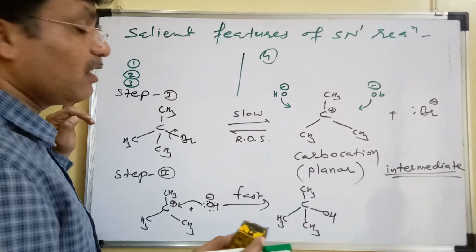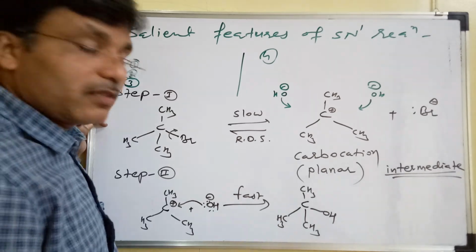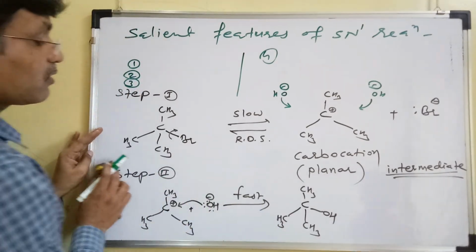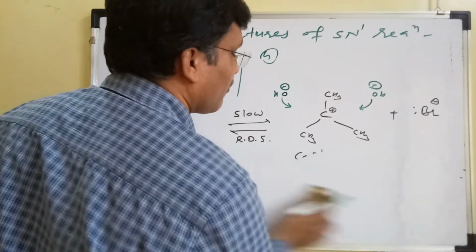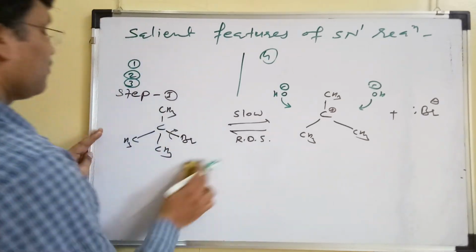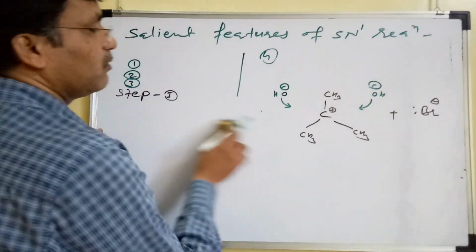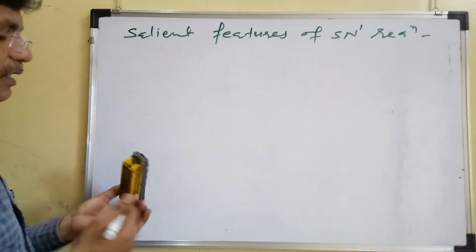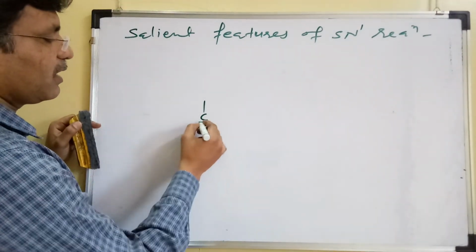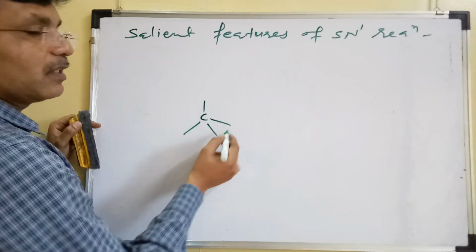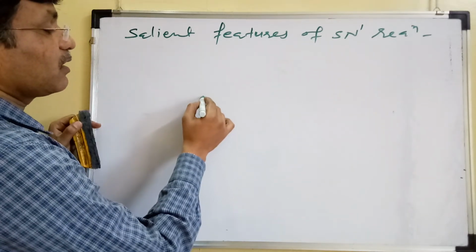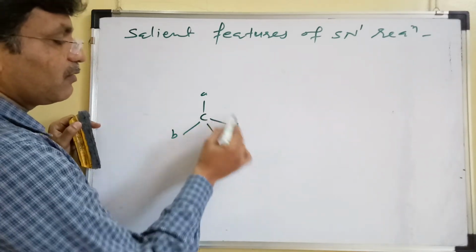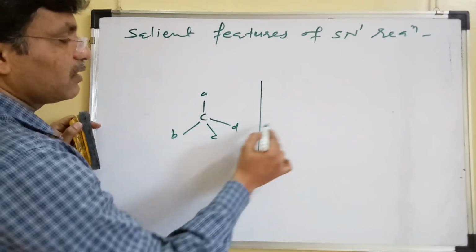Many of the students are not aware about enantiomers. So what is an enantiomer? Suppose the substrate is optically active. That means suppose here there are different groups A, B, C and D, which are the different groups or atoms attached to the chiral carbon.